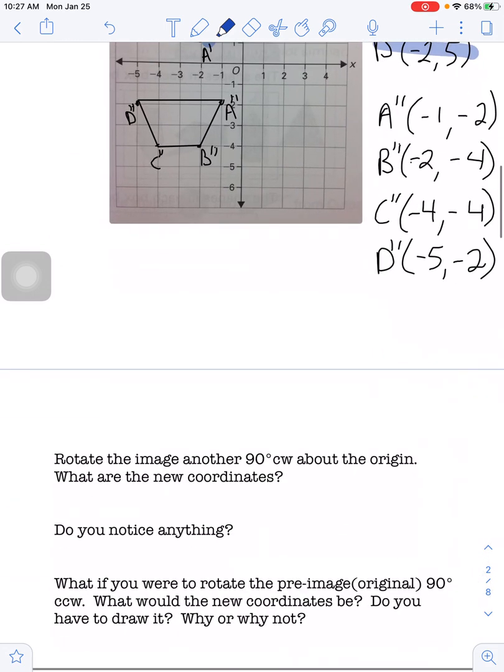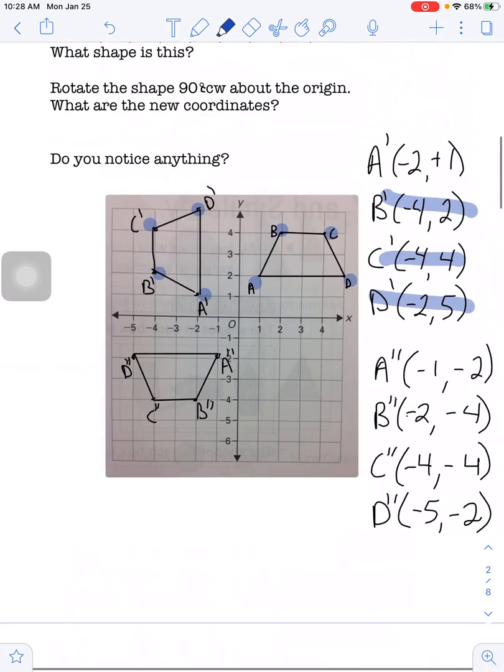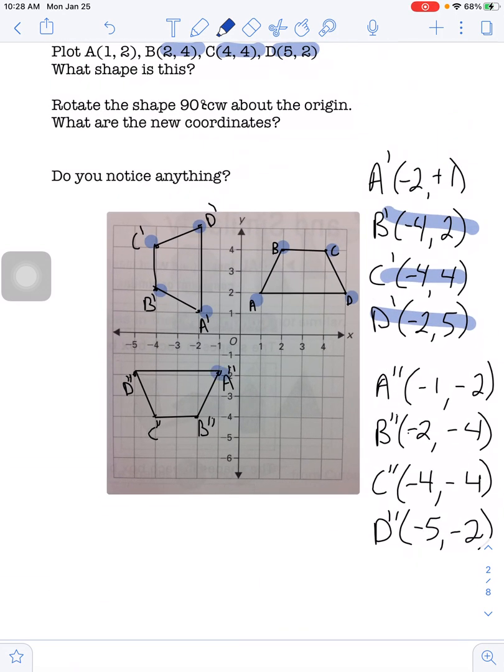Now, underneath here, it says rotate the image another 90 degrees clockwise about the origin. What are the new coordinates? That means we're going to end up down here, and we're going to use double primes to show this. This is the same as doing a 180 degree rotation, either clockwise or counterclockwise, from our original A, B, C, D. So let's see if we can find some patterns there.